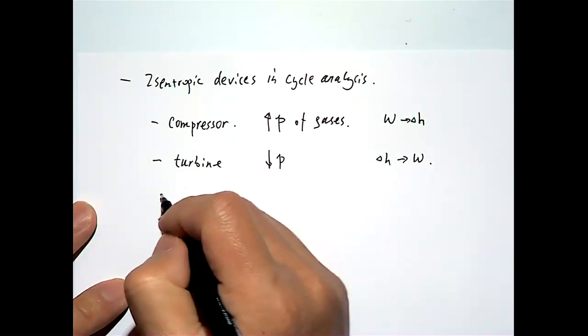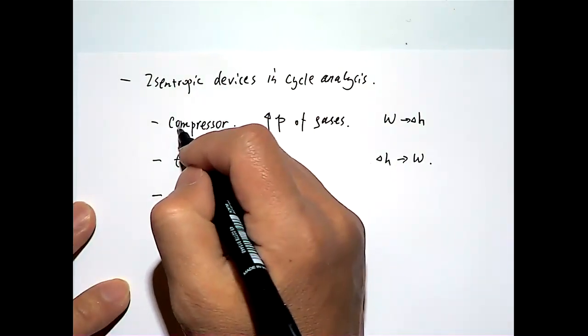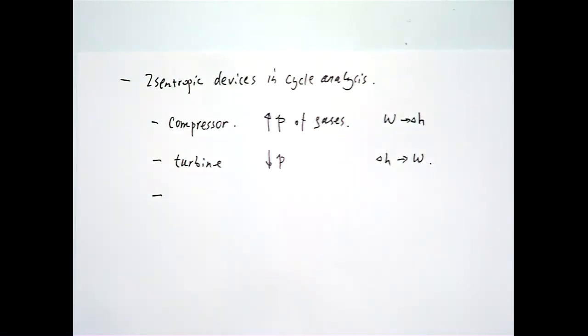These two you can consider a pair. Actually, in practice, in a gas turbine, always the turbine and the compressor are on the same shaft. So it's a coaxial design.